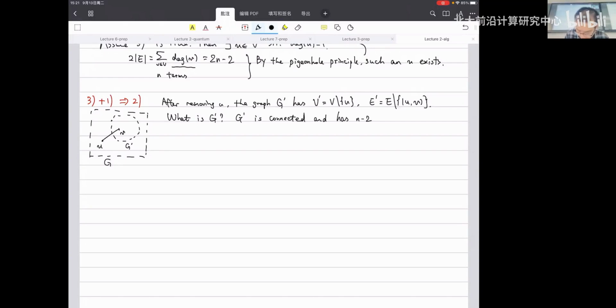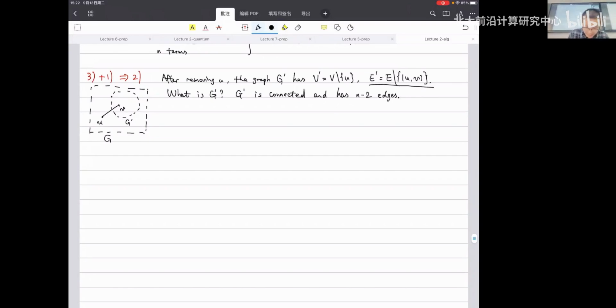has n-2 edges. This is just due to the fact that when we consider E prime here, we exactly delete one edge from the graph. And if we know originally the graph has n-1 edges, then currently G prime has n-2 edges.